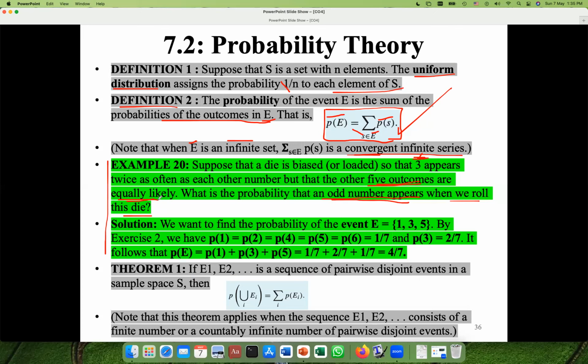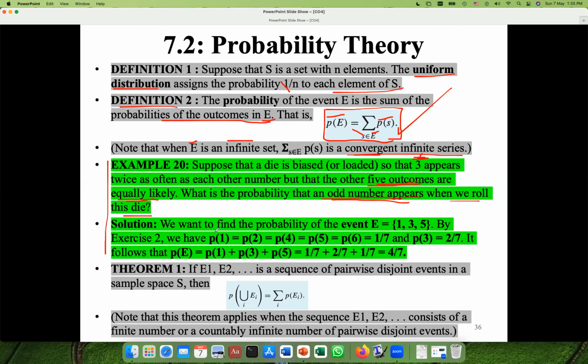Five numbers are the possibilities, and this 3 appears twice as compared to the other 5. So 5 plus 2 is 7 possibilities. That is your total space.